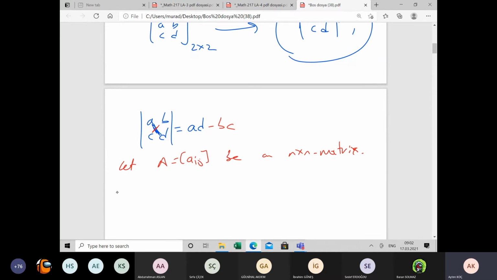Our aim is to get a submatrix of matrix A. How do we get a submatrix? Submatrix means we delete some row and column and obtain a matrix. This matrix is called a submatrix of A.